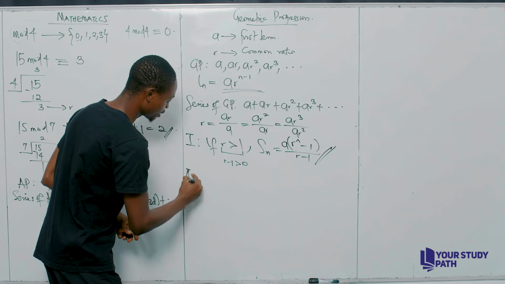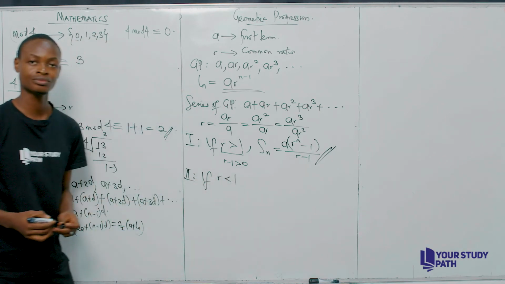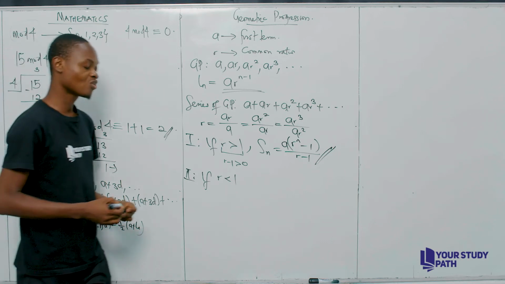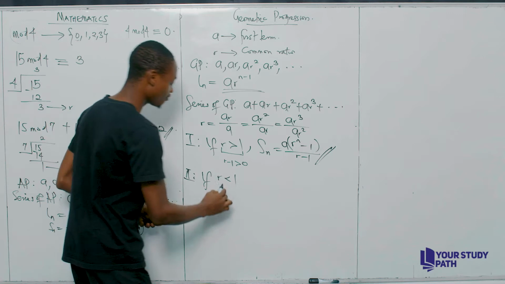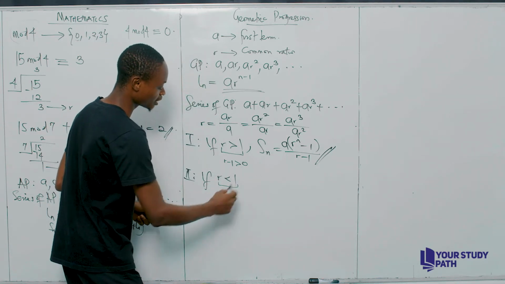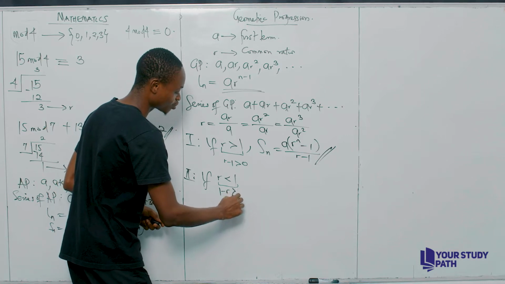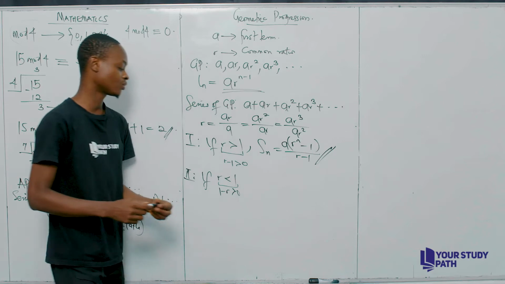Similarly, for our second case, if the common ratio is less than 1, what happens? Then remember, we still need the denominator to always be positive. So it means that we have to ensure a positive inequality here. The only way to do it is to subtract r from both sides, and we'll have that 1 minus r is greater than 0.